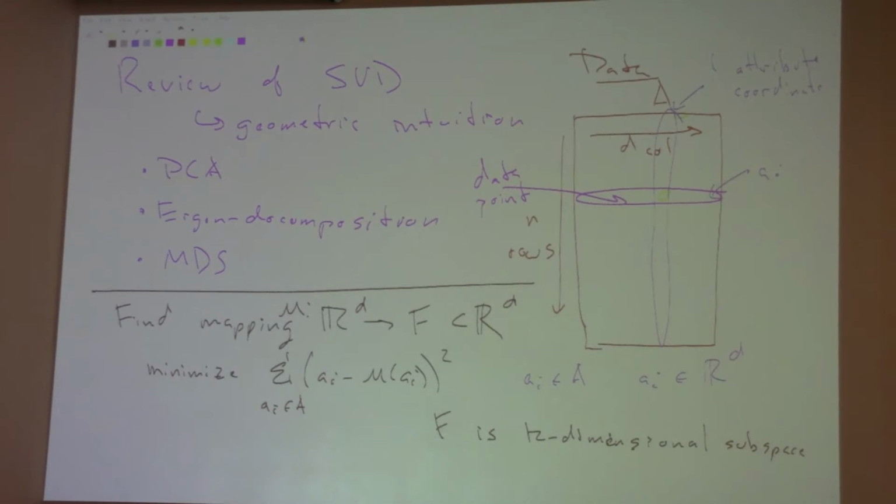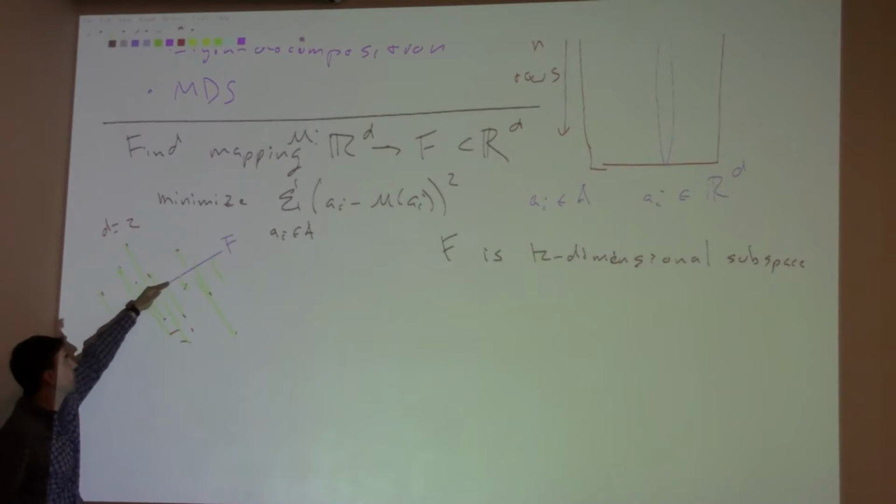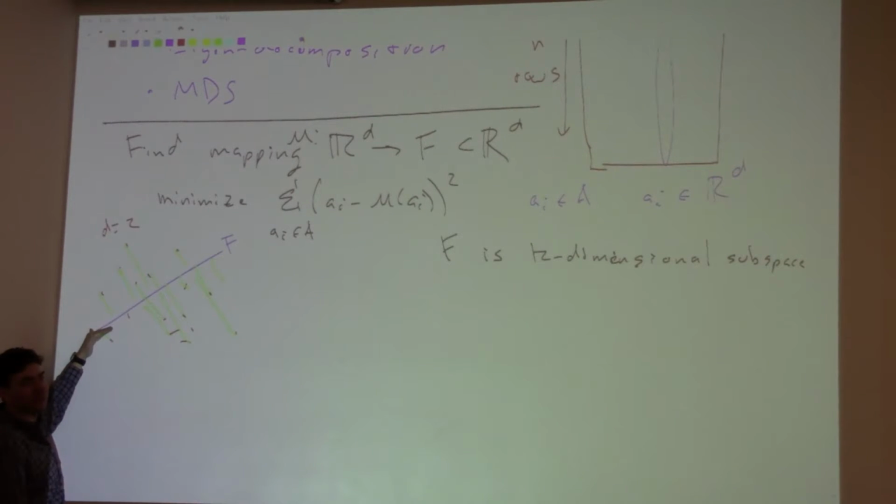Maybe I'll try to draw a picture. We'll first start with D equals 2, and then I can draw this subspace as F. Now F is a one-dimensional subspace, and I want to find the subspace such that if I look at all of these projections, and sum their squared distances, that sum is minimized over the choice of this one-dimensional subspace. So it's a smaller dimension.